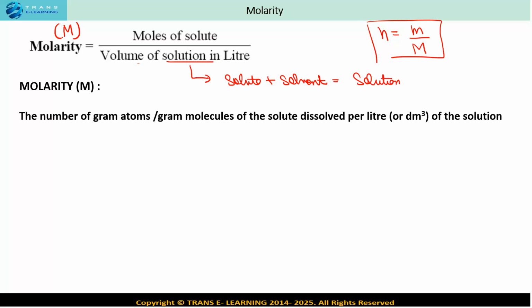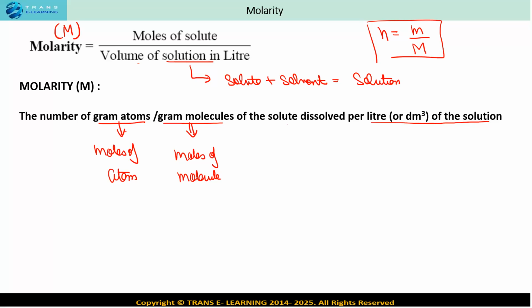The molarity is defined as the gram atoms or gram molecules of the solute dissolved in per liter or decimeter cube of the solution. Gram atom means we are going to talk about the moles of atom, and when we are talking about the gram molecules, that means we are going to talk about moles of molecule.